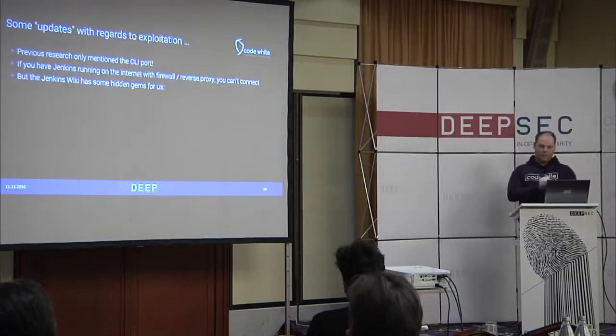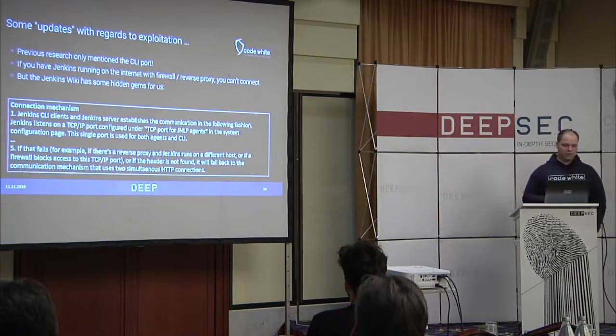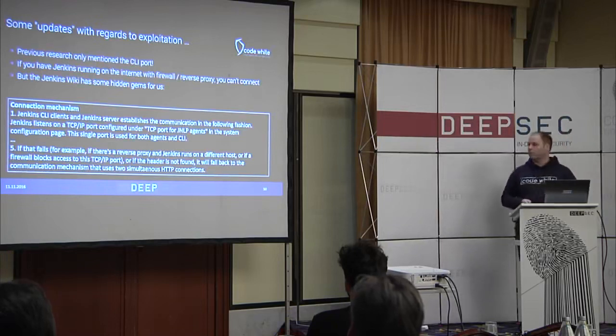And I also have some updates regarding the exploitation of Jenkins. You might say, okay, this is not a big problem. It's a CLI port. It's not running on 80 or 443, so you cannot exploit it from the internet. That's not true, because there are some hidden gems in the Jenkins wiki.